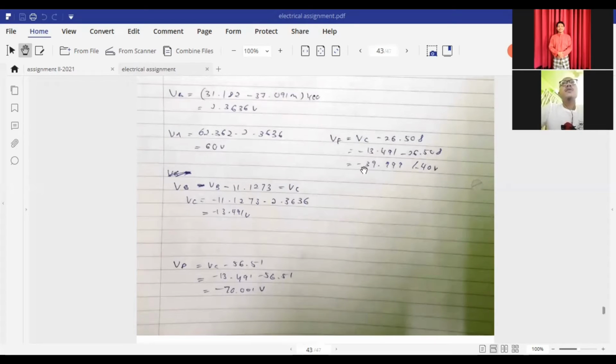VF negative 39.999 volt or negative 40 volt. For the VD negative 70.001 volt.